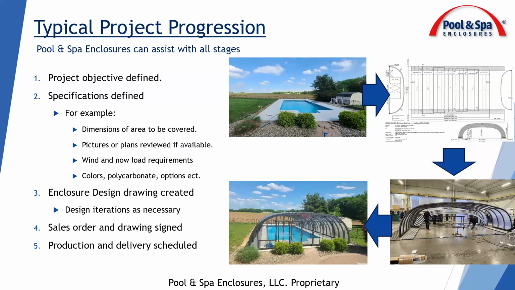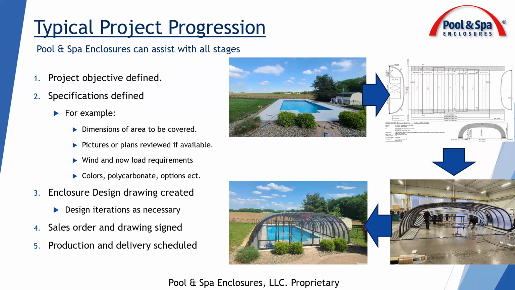With that said, if it's a pool as an example, we look at what is the area that we have to cover. What is the pool size? What is the deck size? And then we identify the enclosure model, whether it's a low height one, a medium, or a high enclosure, whether it's going to retract all to one side or be split in the middle.